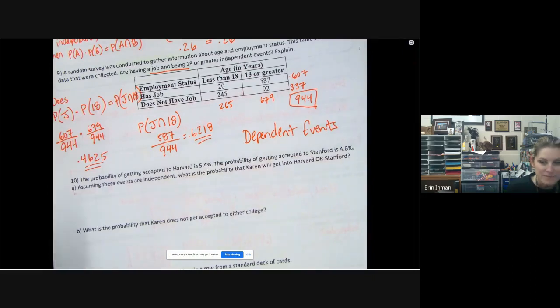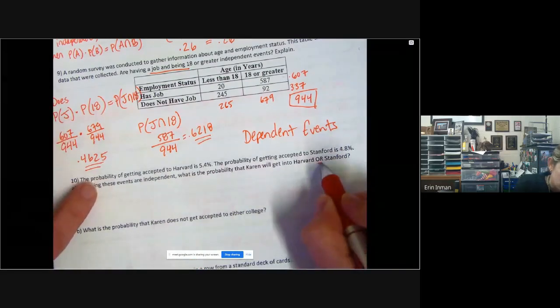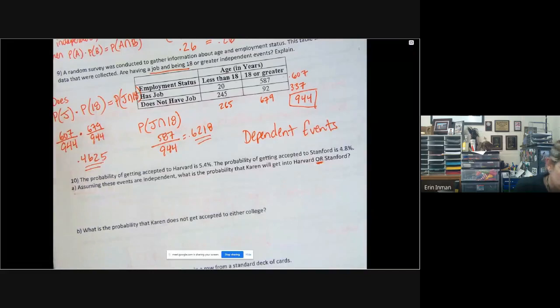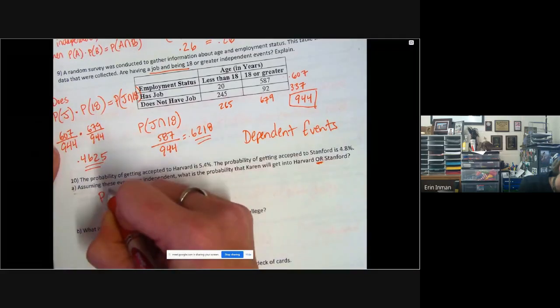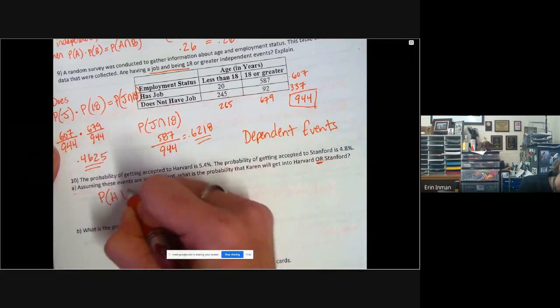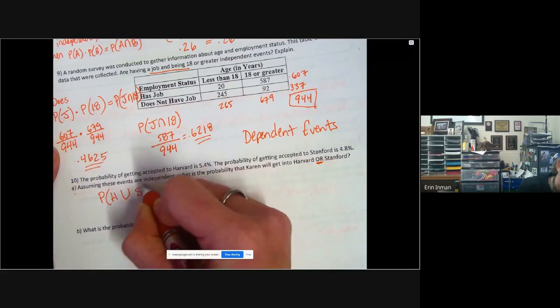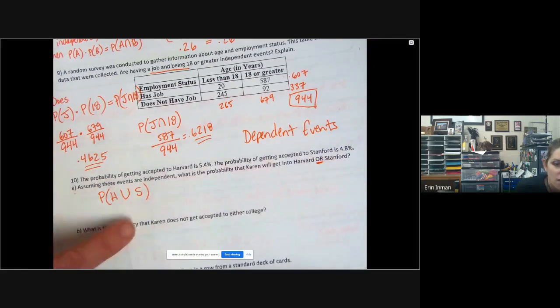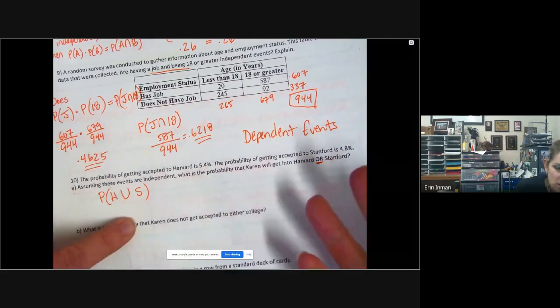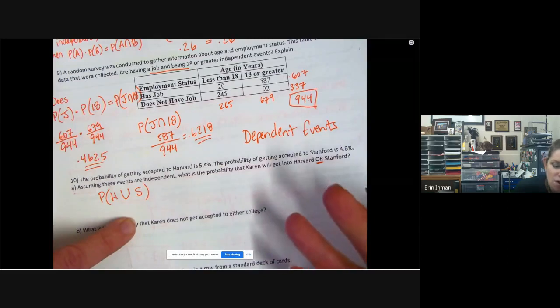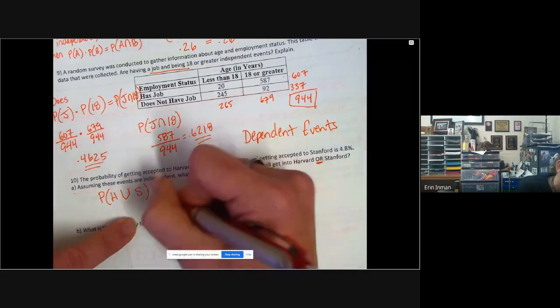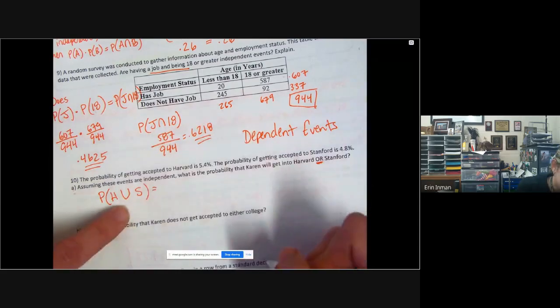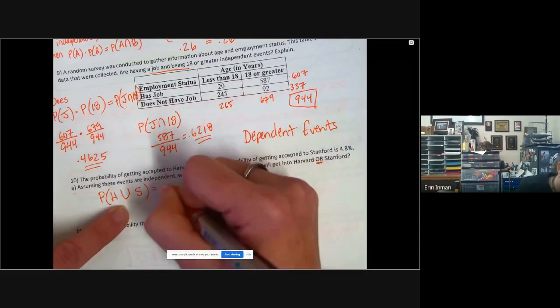Okay. Before we start thinking about multiplying or anything of that nature, remember, what does that mean, or? Harvard or Stanford. Okay. Even though they are independent, that might mean that they are mutually exclusive. We don't multiply in an or statement, we add them.